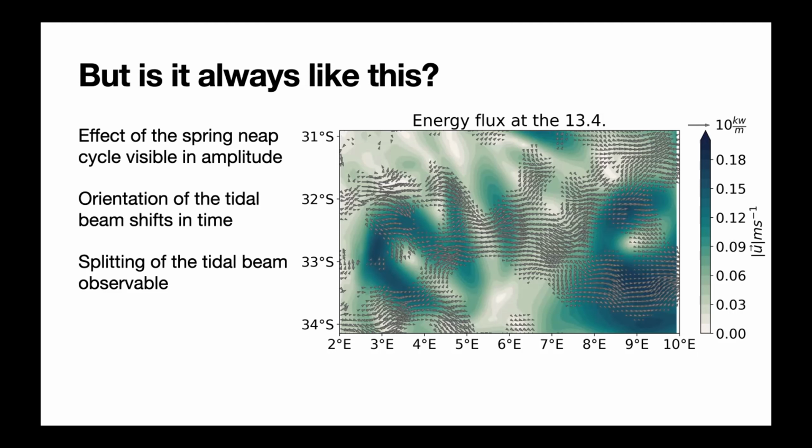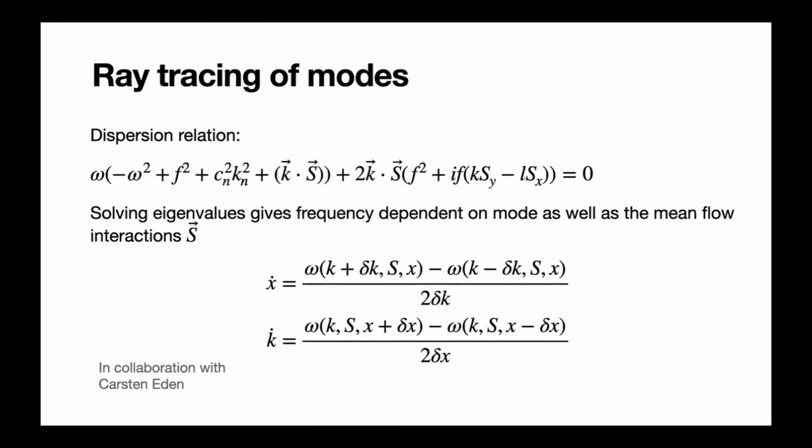And this is what I will try to show you is really associated with these mesoscale eddies and how they interact with the tides. You sometimes even see parts of splitting of a tidal beam, and I will come back to that in a moment.